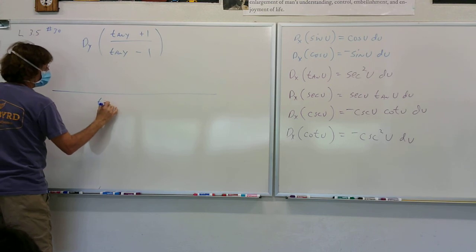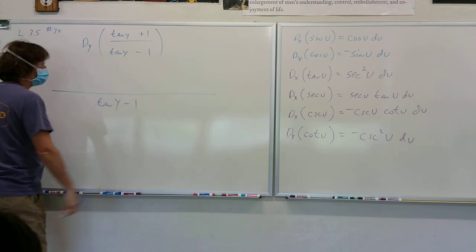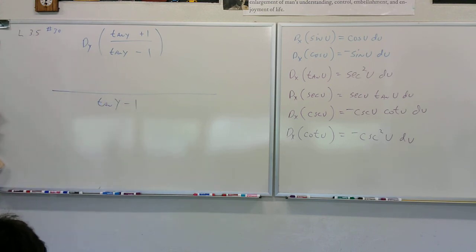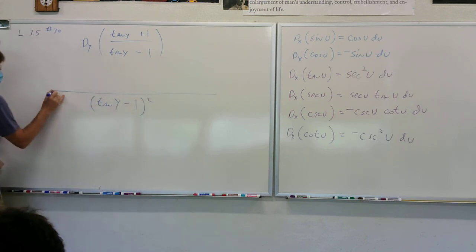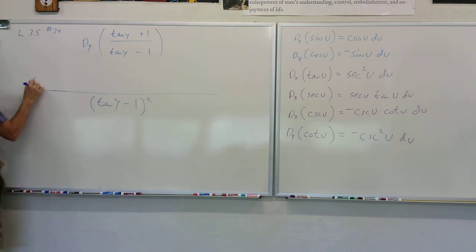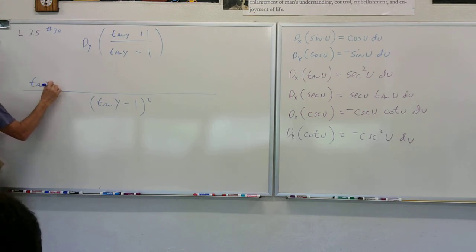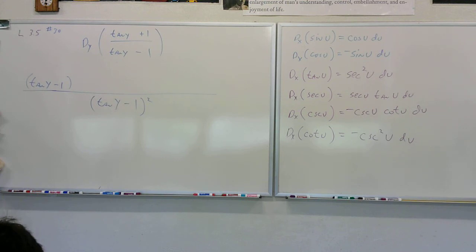Tangent y minus 1 squared. Then write what? Tangent y minus 1. There's your denominator.